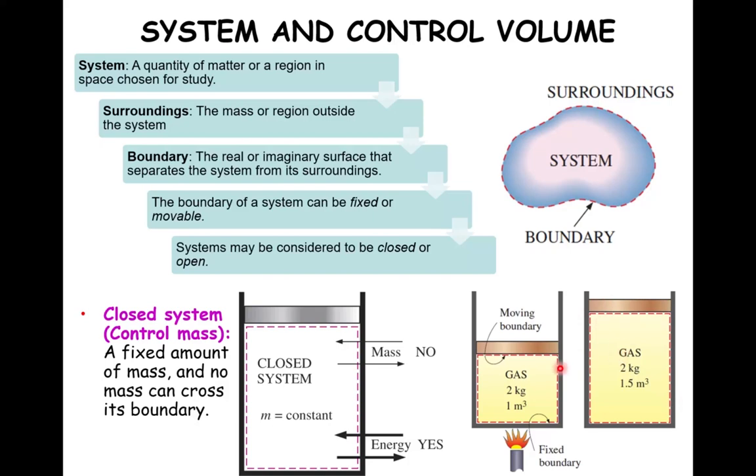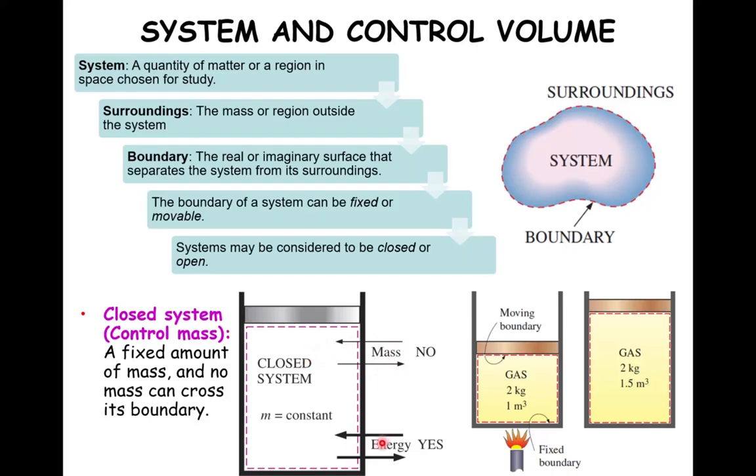Sometimes we have a closed system or an open system. If there is no exchange of mass across the boundary of a system, we call it a closed system. Consider this is a system. It doesn't matter if its size changes, but as long as there is no mass crossing the boundary of the system, it is called a closed system.